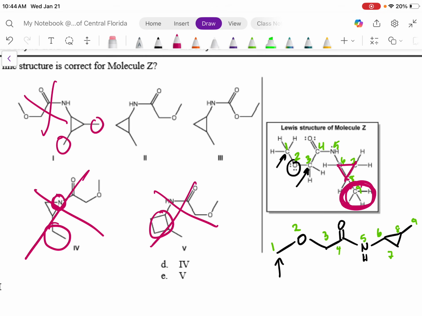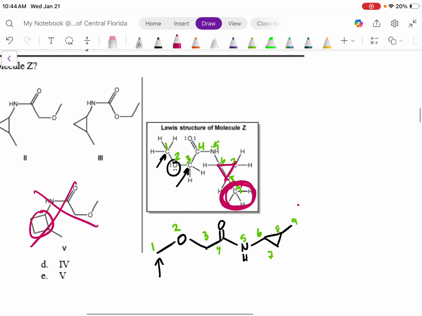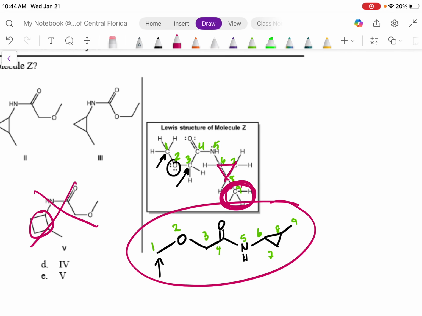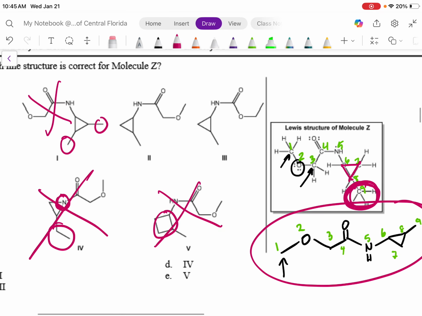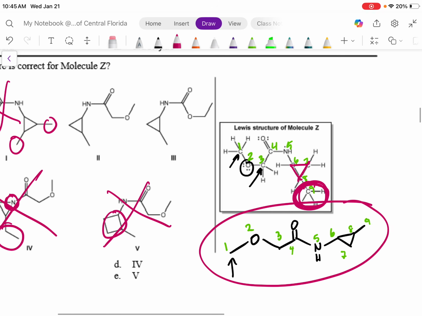So based off of process of elimination, which I do not recommend doing until after you have actually drawn the problem or the answer by yourself, then you can go back. And so it's between 2 and 3. So what's the difference between molecule 2 and 3? Simply the location of this oxygen atom.